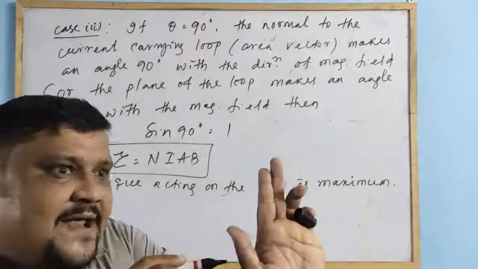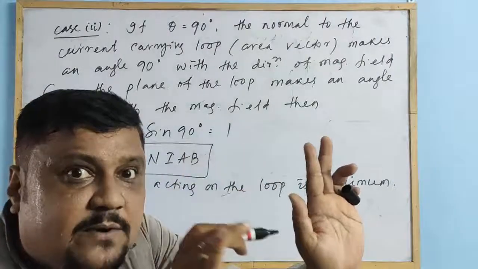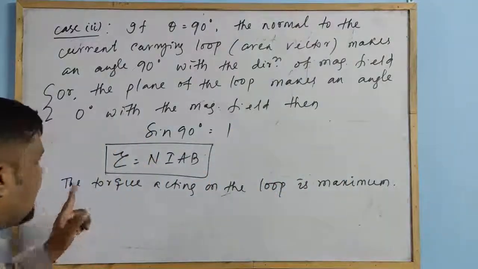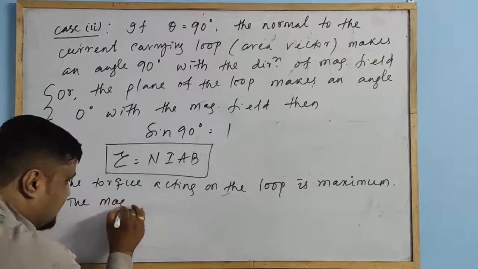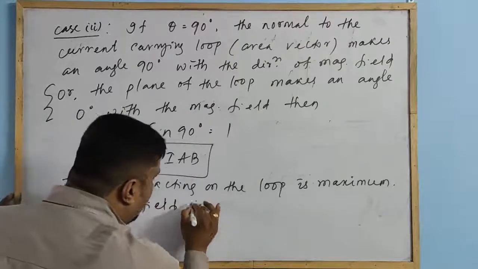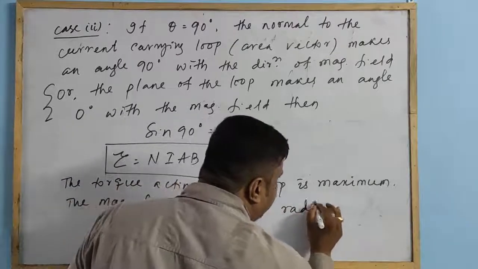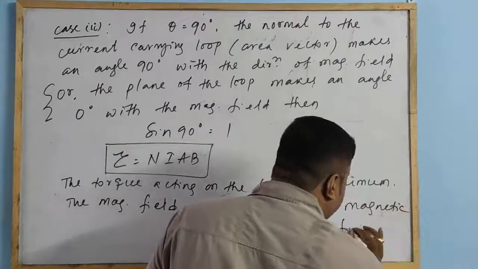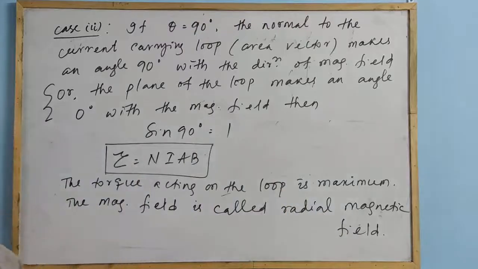If the magnetic field is parallel to the plane of the loop, or the area vector is perpendicular to the magnetic field, or the magnetic field is perpendicular to the area vector, the torque acting on the loop is maximum. Under this condition, the magnetic field is called a radial magnetic field.